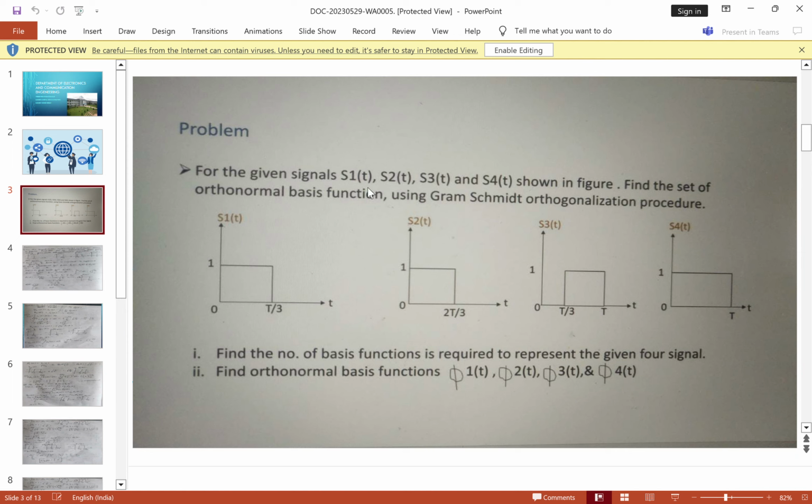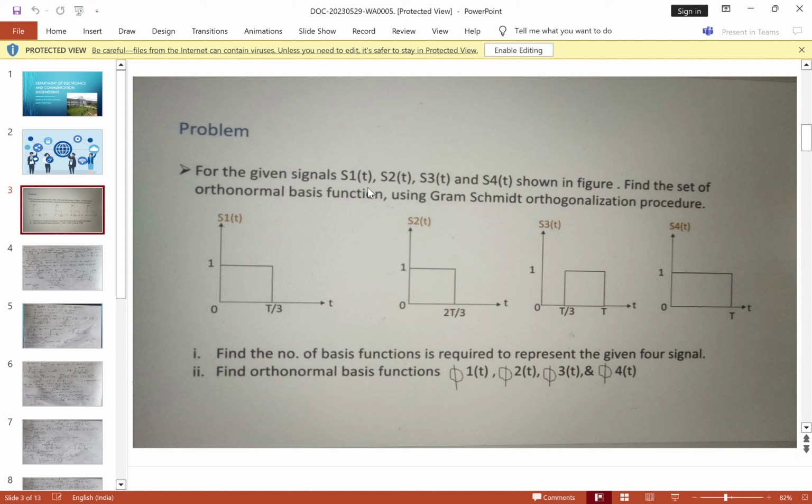s21 is equal to the integral from 0 to T of s2(t) times psi1(t) dt.